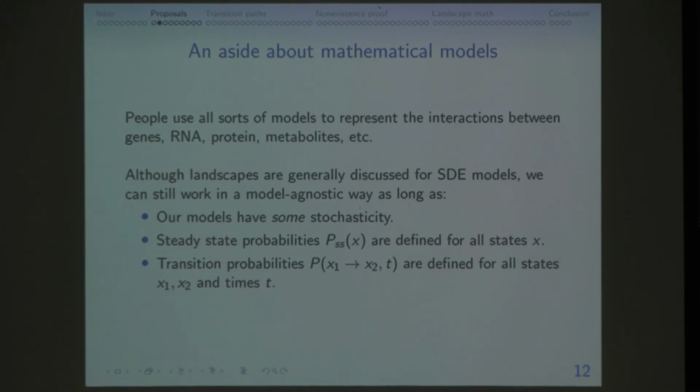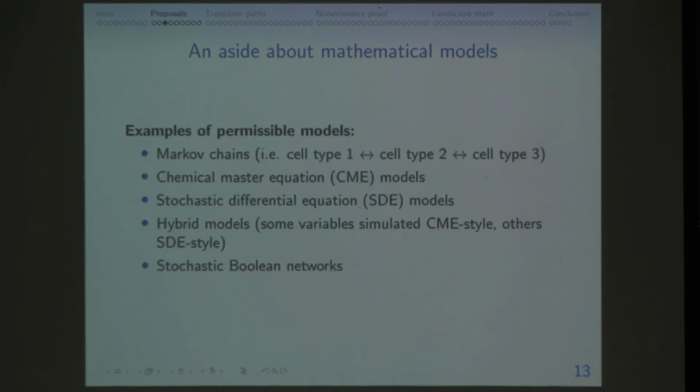And you need, in addition, some sort of notion of transition probabilities, the probability that I get from this state to this other state in some amount of time, and steady state probabilities. If I wait a really long time, what's the probability I end up here instead of there? Examples of models that people think about, mostly in this literature, are SDE, stochastic differential equation models, where you take an ordinary differential equation and then tack on some random fluctuations.